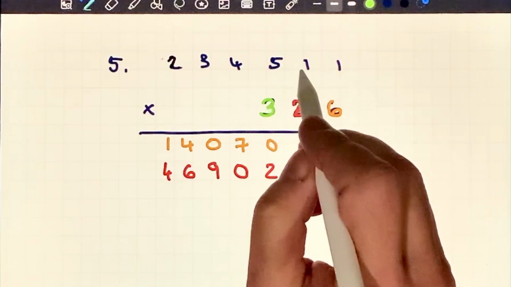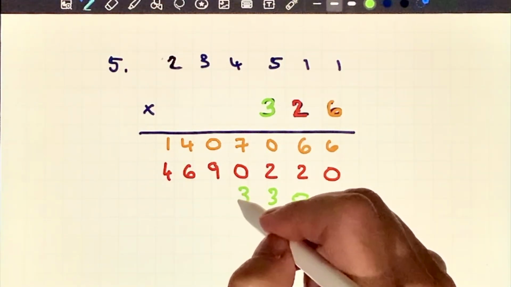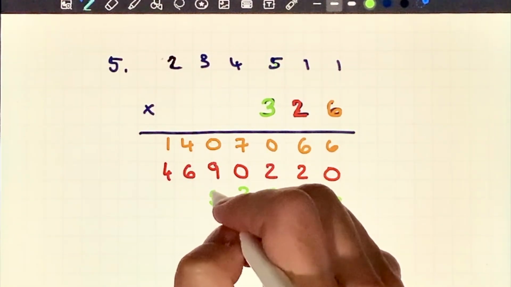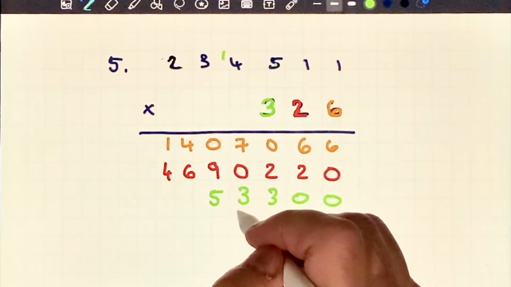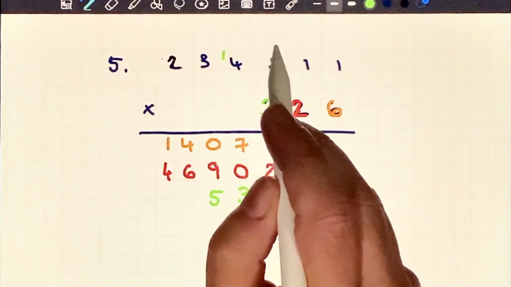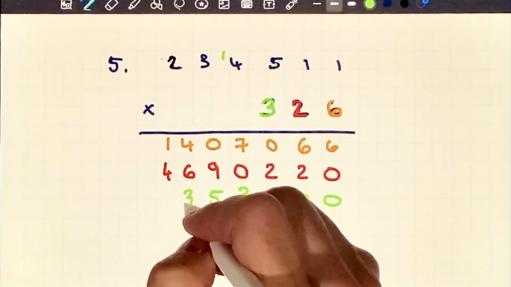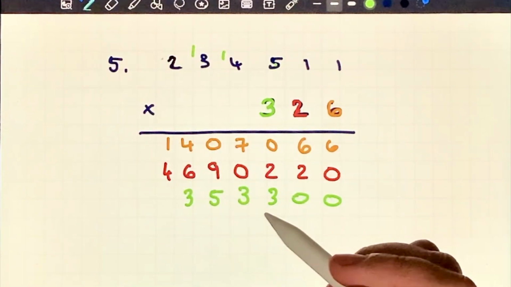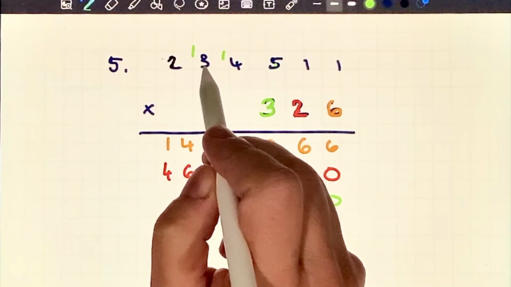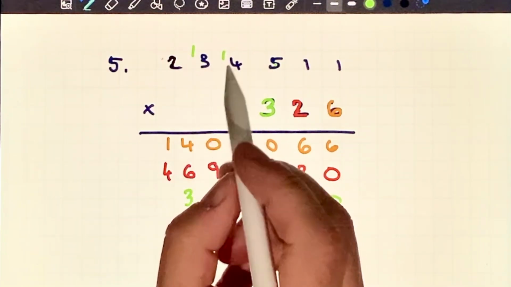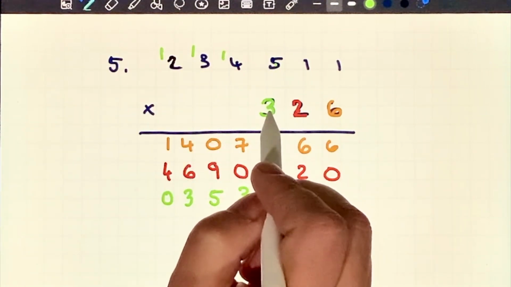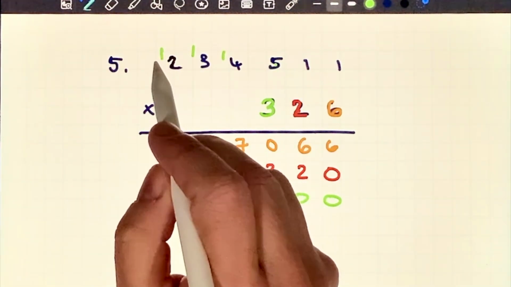Again, 3 times 1 is 3. 3 times 5 is 15. 5, carry 1. 3 times 4 is 12, plus 1 is 13, so 3, carry 1. 3 times 3 is 9, plus 1 is 10, so 0, carry 1. And 3 times 2 is 6, plus 1 is 7.